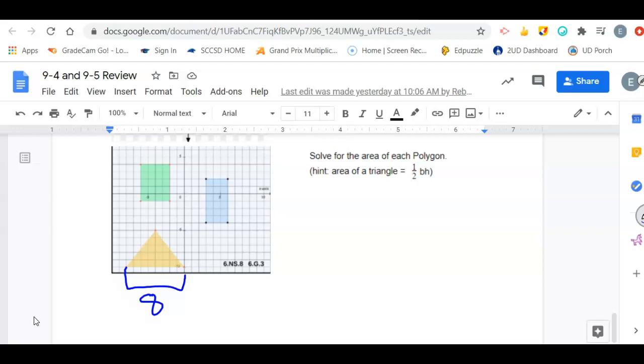Liam? It's from this top point down to your base. So how many units is it from the top to the base? Alex? 5 units. Our height equals 5. Our base equals 8. What is the area of the triangle? Caden. Should be 20 units squared, exactly right.